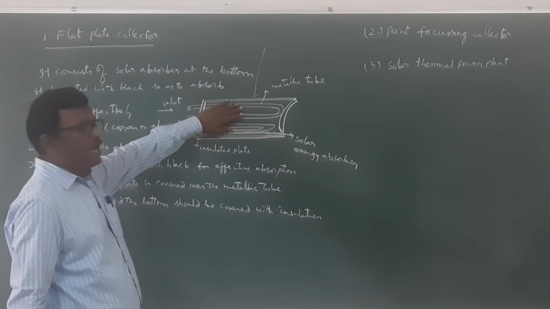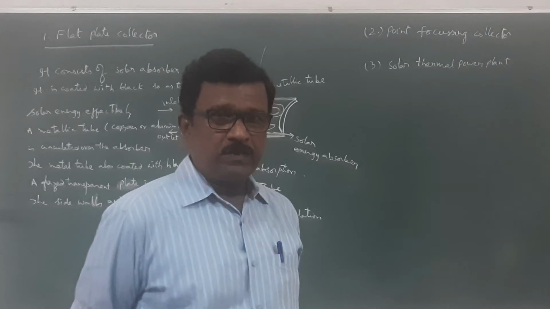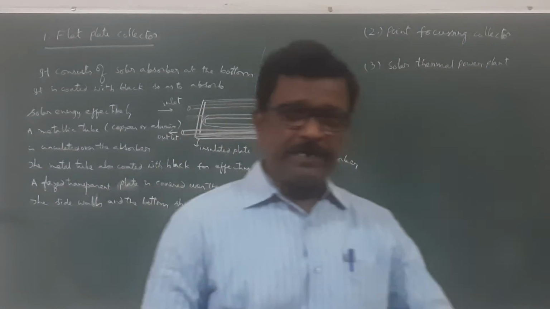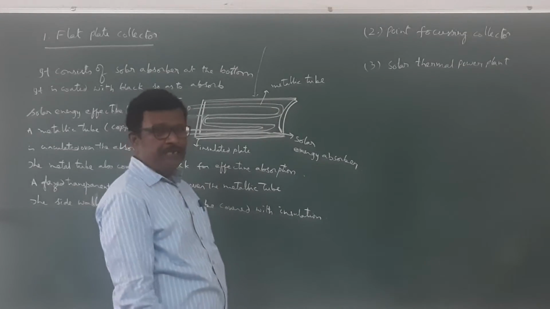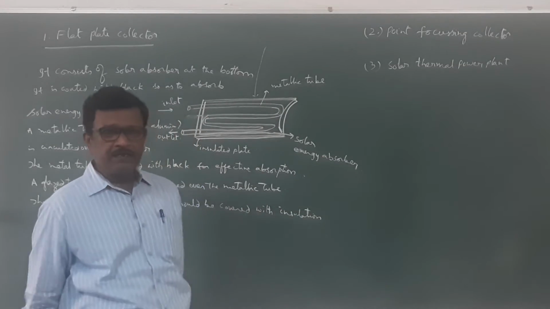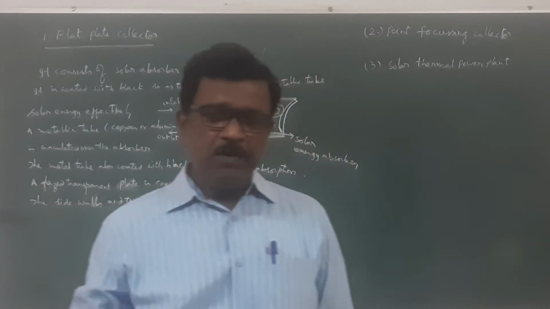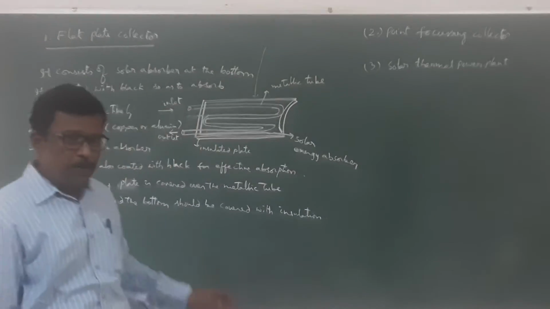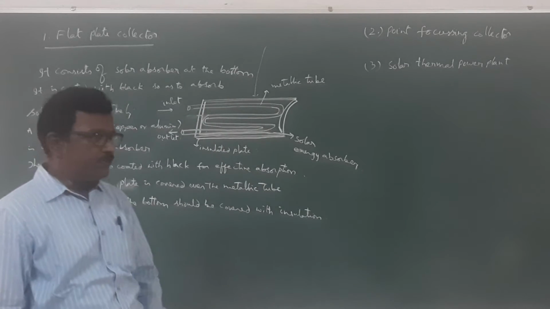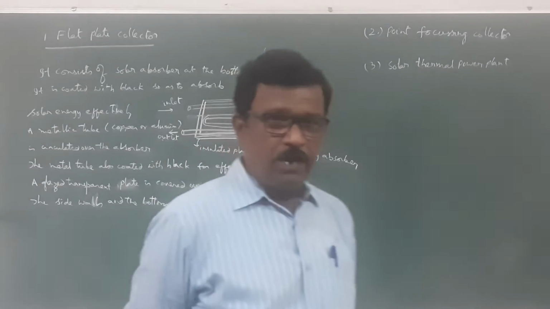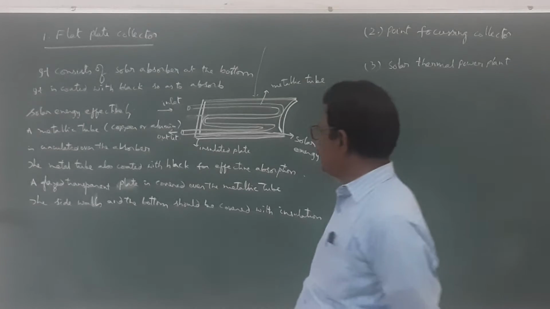Then over these metallic tubes, a glazed transparent plate is covered. As it is transparent, solar energy will penetrate through the plate, and as it is a glazed one, the incident solar energy will not escape or be reflected from the glazed plate.